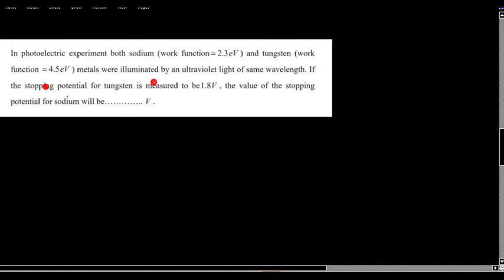Their work functions are different, and if the stopping potential of the tungsten is measured to be a given value, then they are asking the value of the stopping potential of the sodium.